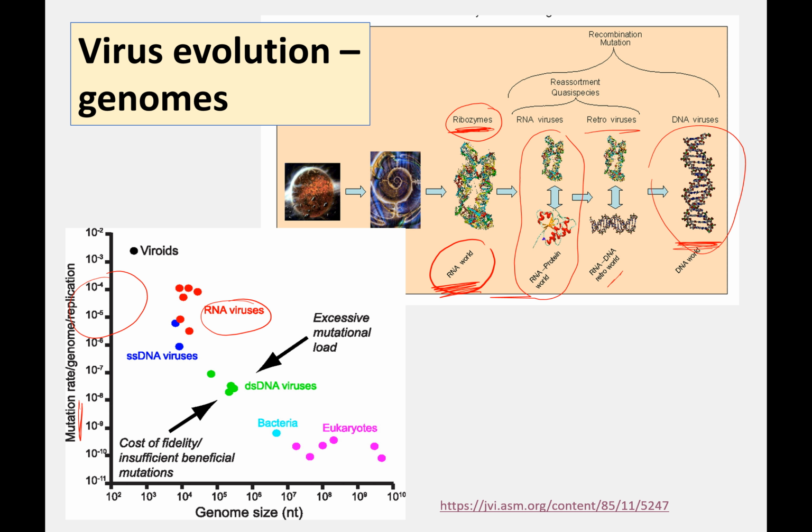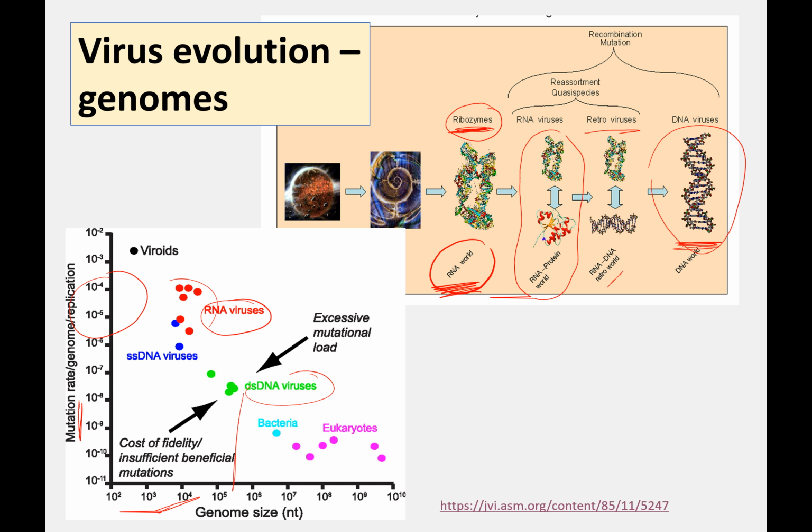So RNA viruses don't have proofreading, and so they have a high mutation rate, and they keep their genomes very small. Okay. Keep the basics. As viruses evolve to get double-stranded DNA genomes, they had a lower mutation rate, and they were able to evolve kind of larger genomes.